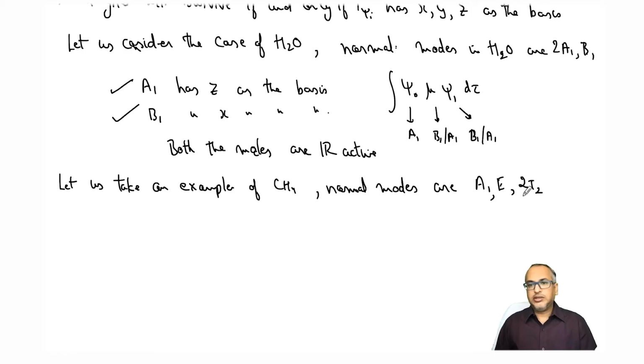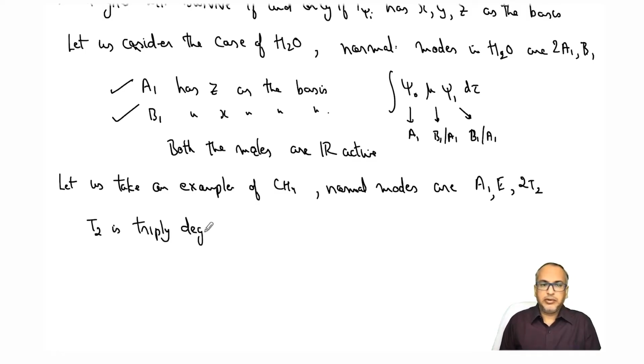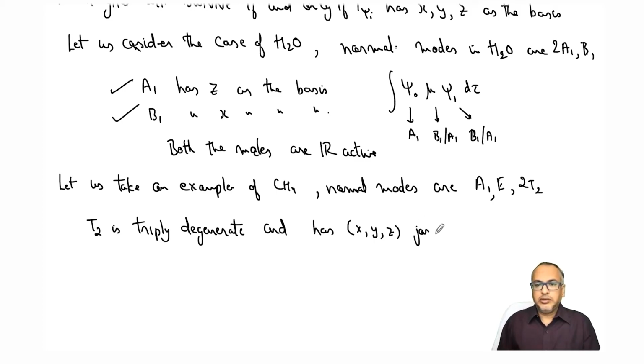Out of this, T2 is triply degenerate and has X, Y, and Z jointly as the basis, right? So only the T2 mode will survive here, other modes will not survive.